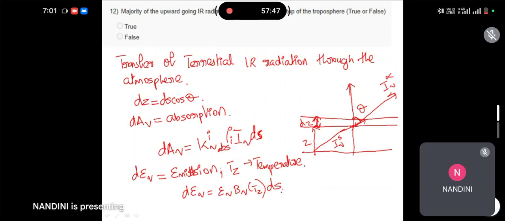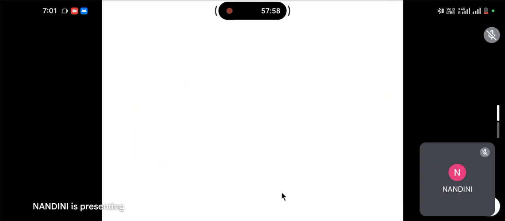B nu is the spectral intensity of the emitted radiation from a black body of temperature T. This is Planck's law: B nu of T is 2h nu cubed by c squared into 1 by e raised to h nu by kBT minus 1, where h is Planck's constant, nu is the frequency, c is the speed of light, kB is the Boltzmann constant, and T is the temperature of the black body we are considering.